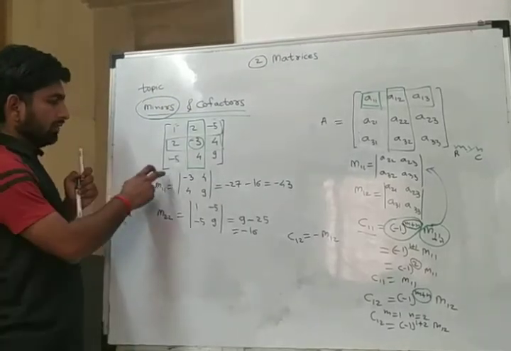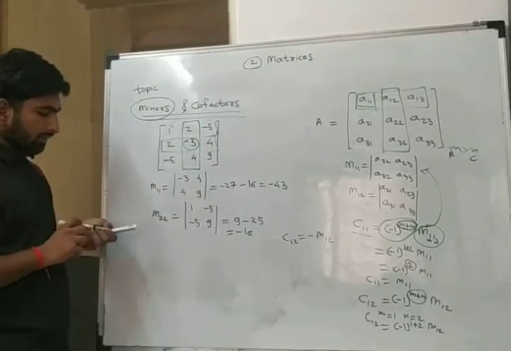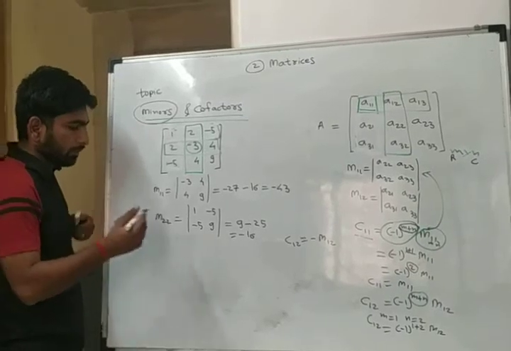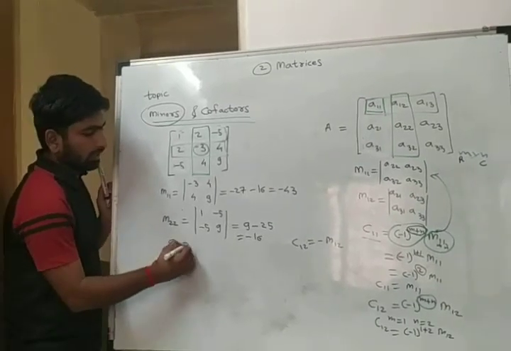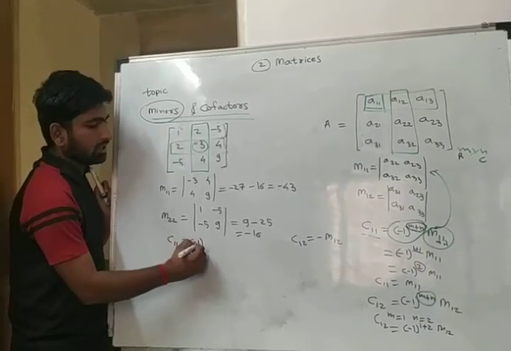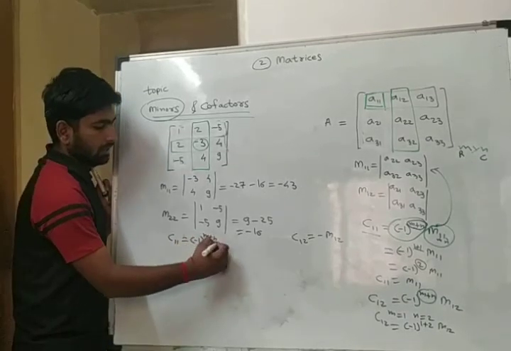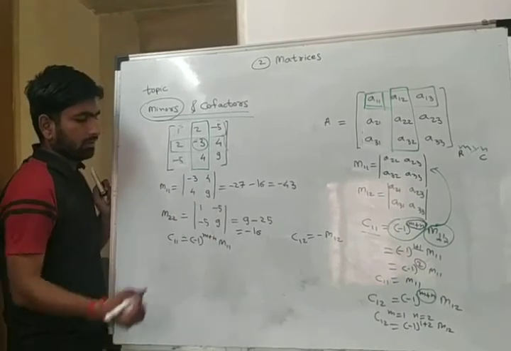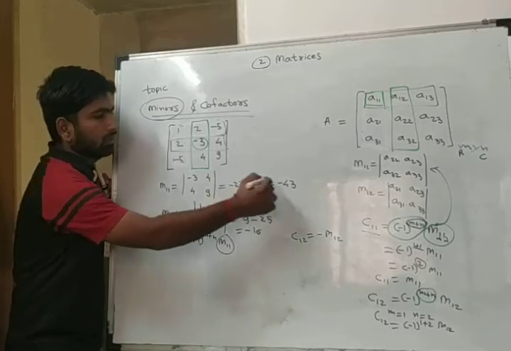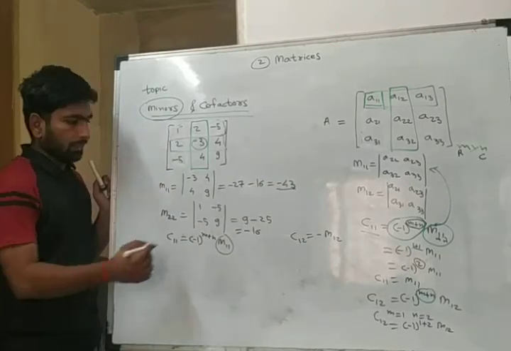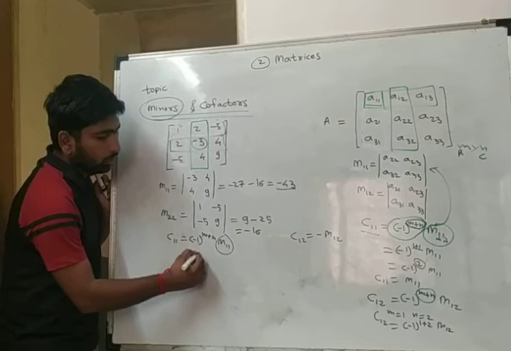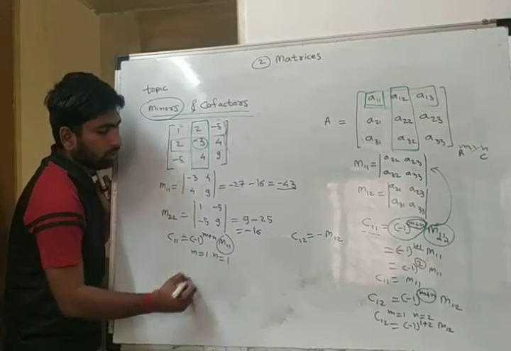For example, we can find the cofactor of the same C11, that is minus 1 raised to m plus n into M11. We have the value of M11, that is -43, and m is equal to 1 and n is also equal to 1.